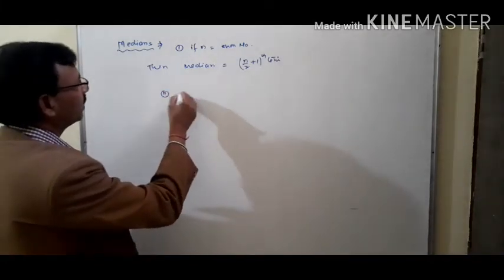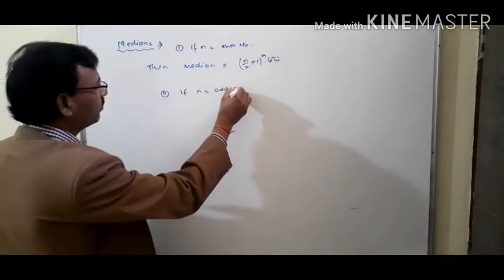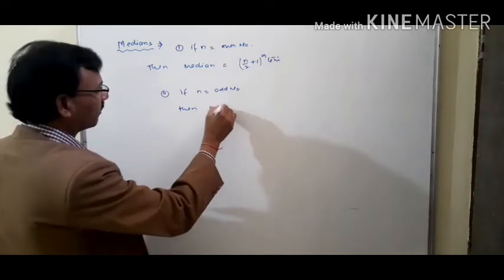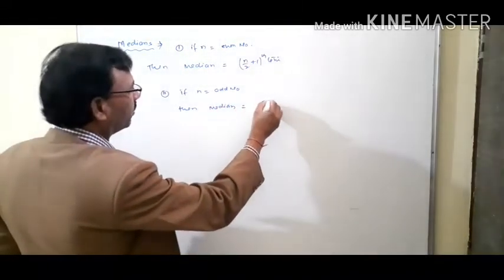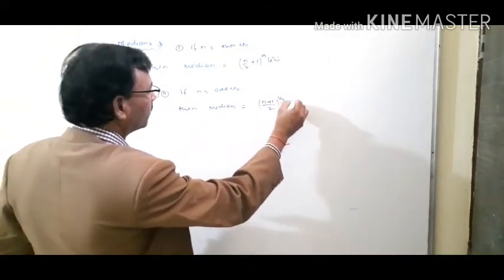And if n is an odd number, then median is equal to the n plus 1 upon 2th term.